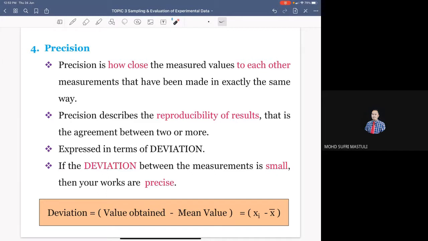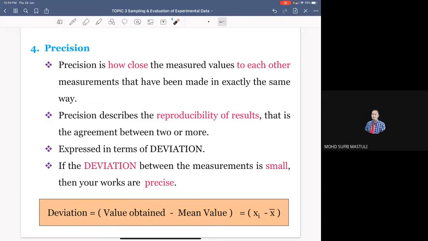So precision describes the reproducibility of results. It can be expressed in terms of deviation. If the deviation is small, it means the analysis is precise.